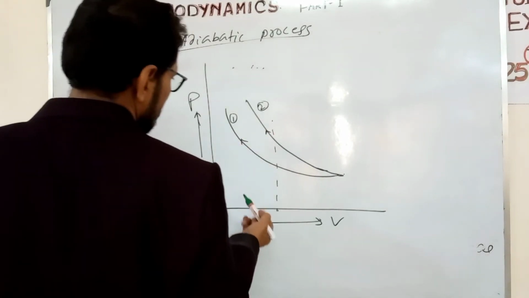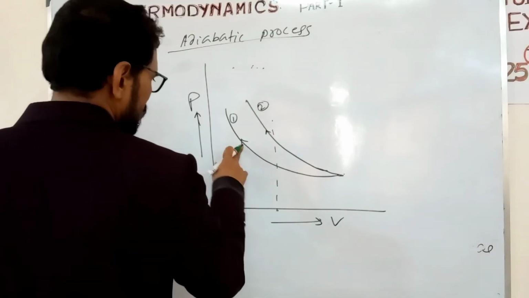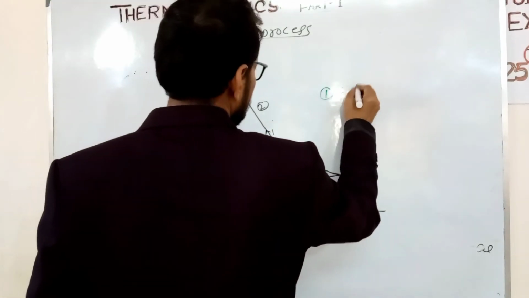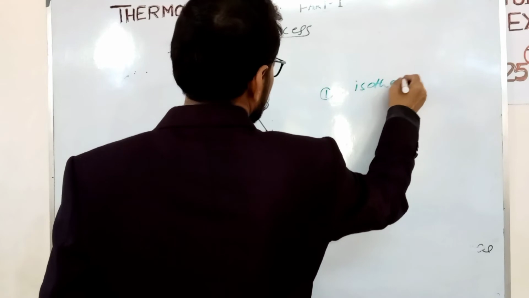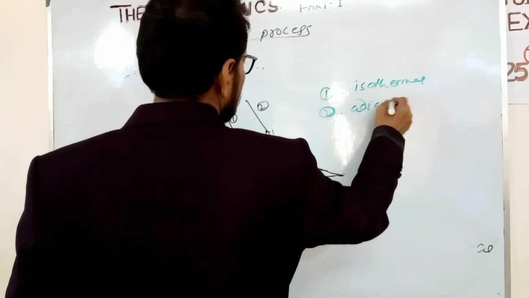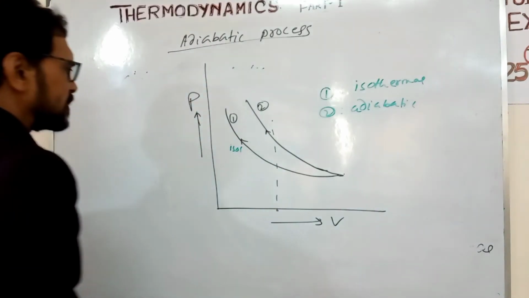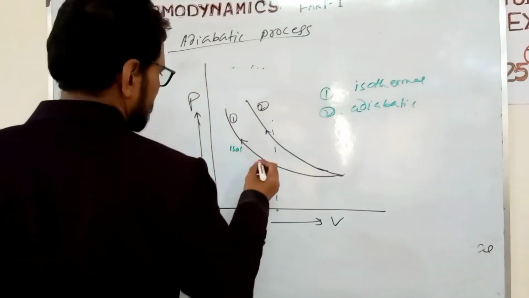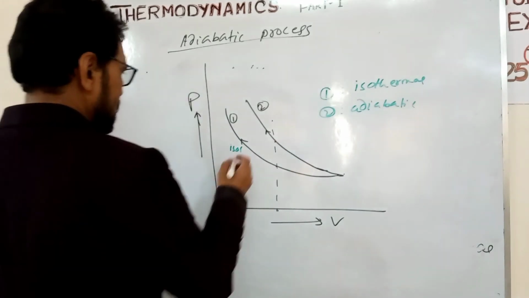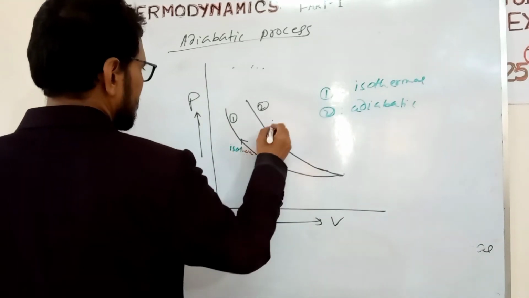Here this is isothermal, 1 becomes isothermal and 2 becomes adiabatic. The graph will reverse, because this is the isothermal graph and this is the adiabatic graph.